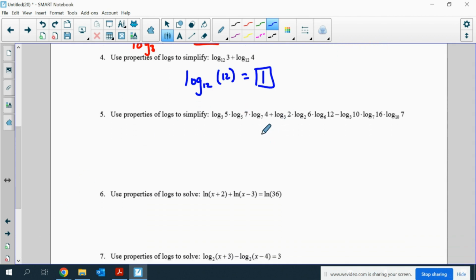Now this one looks pretty intense. What I'm going to do is use the change of base formula here. So I'm going to make all of these things log base 3s.